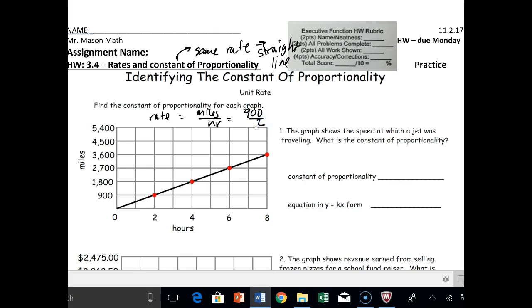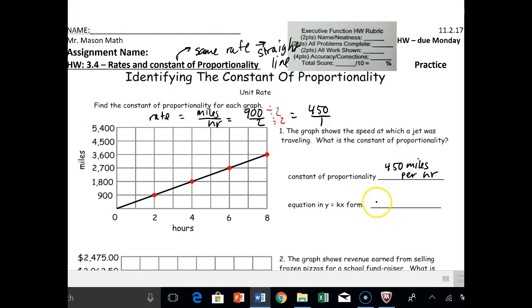So we want to figure out what that is per 1. So we divide by 2. And we get our constant of 450 miles per 1 hour. So our rate is 450 miles per hour.